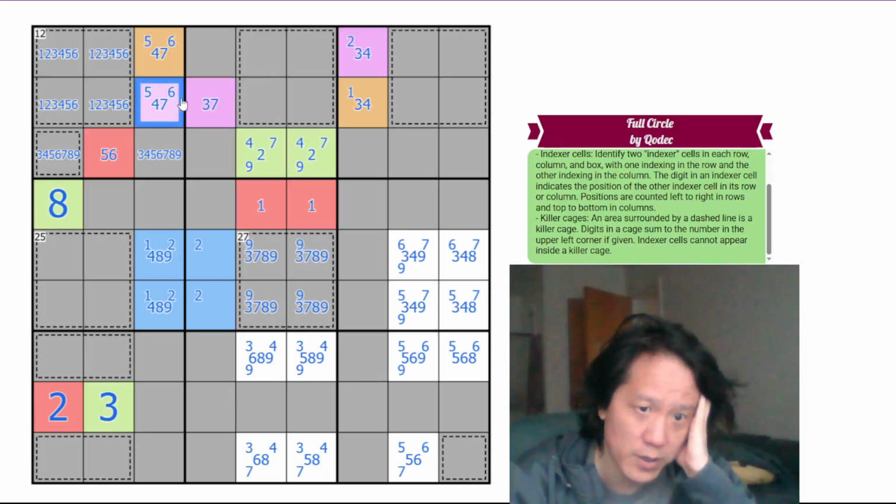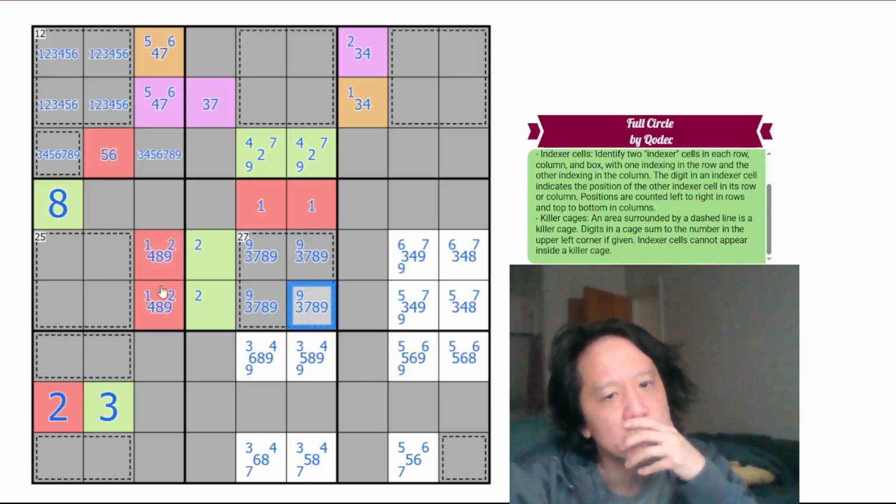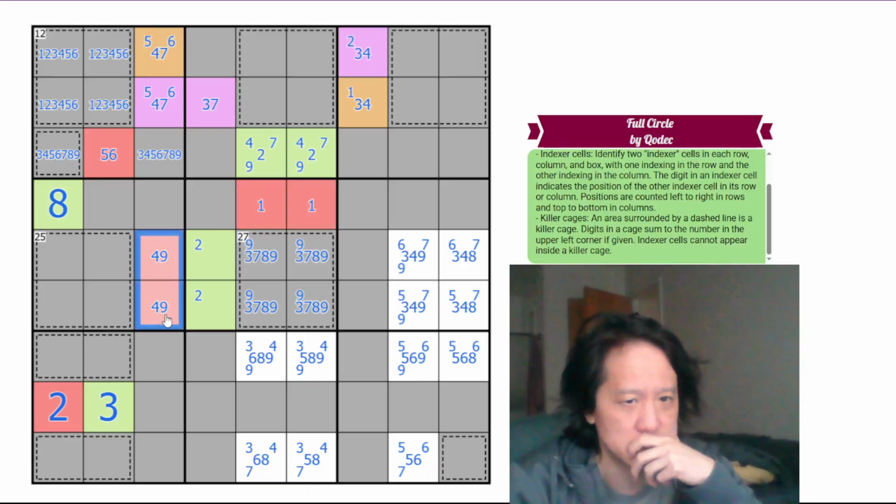This would be the pink. This is matching green then. This has to be red if that's the case, and therefore indexes row. This indexes row. This indexes row. This indexes row, so this must index column.